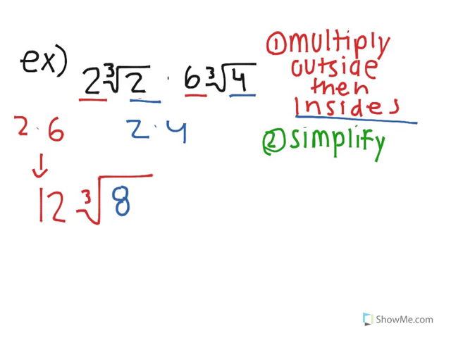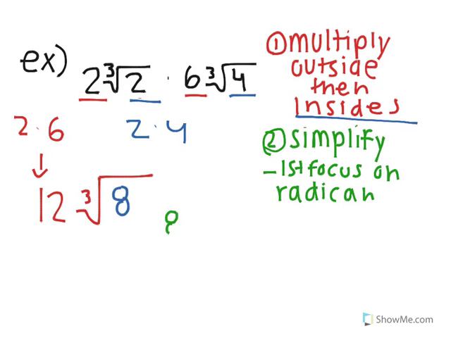When we're simplifying, we're going to first focus on the radicand, which is the term under the radical. So we have 8, and 8 can divide into 4 and 2. We're using our prime factorization. 2 is a prime number, so we stop there. 4 can go into 2 and 2, and those are both prime numbers.